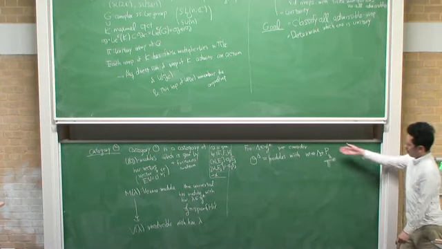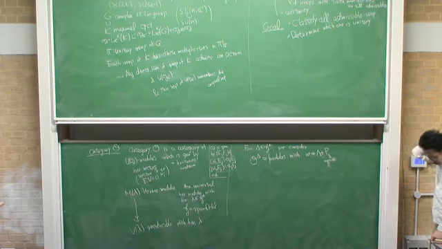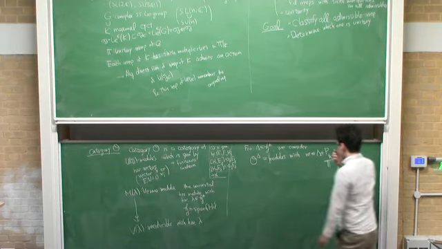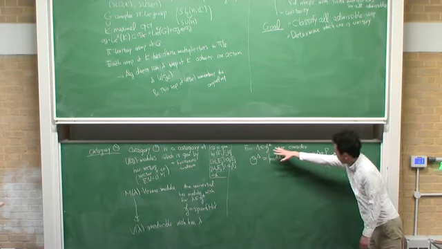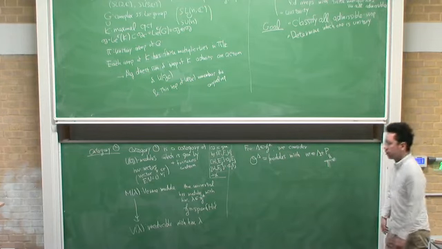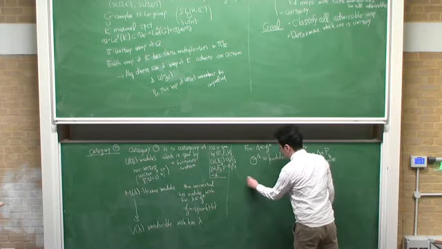I mean, this is just a certain lattice inside the H star. Anyway, this is some small part of the category O.